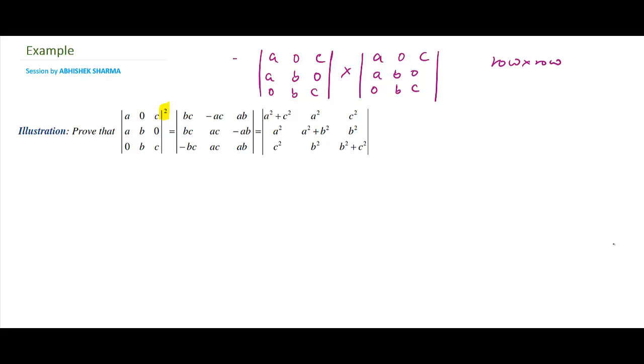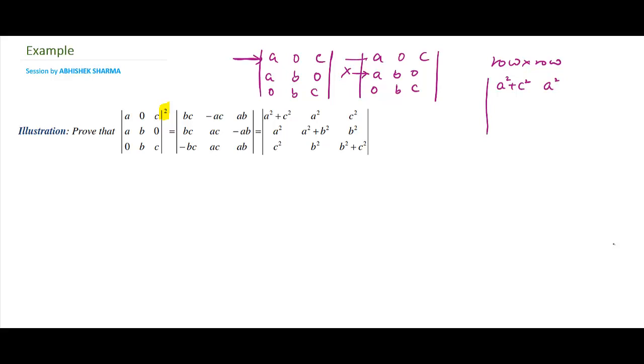Then what you find here is if I multiply this with this, I get a square plus c square. Then if I multiply the first row with the second row here, I get a square plus 0 plus 0.